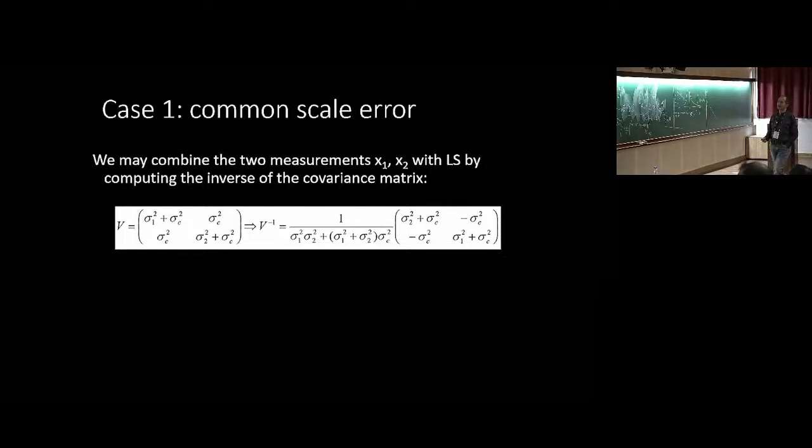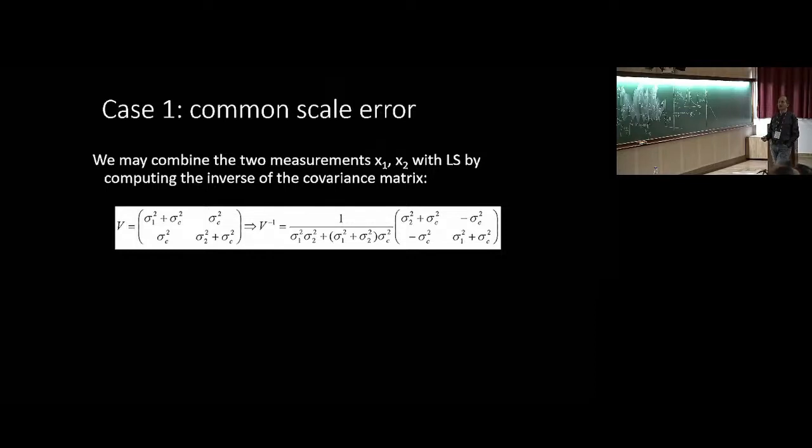So let's write the covariance matrix here of the two measurements. And we have a legitimate variance of the first measurement, sigma 1 squared, a legitimate variance of the second measurement, sigma 2 squared. But then we also add, in quadrature, some offset term, sigma c.